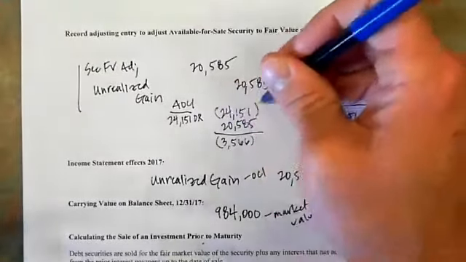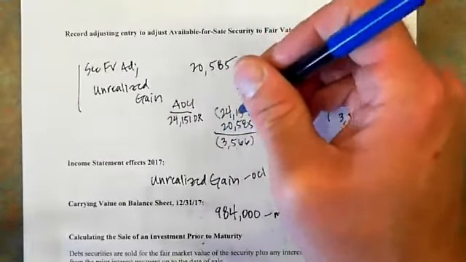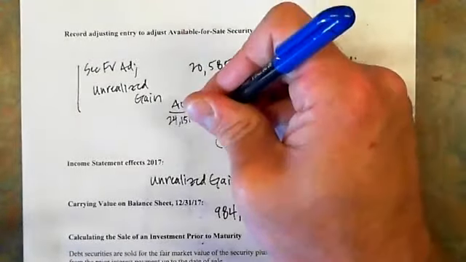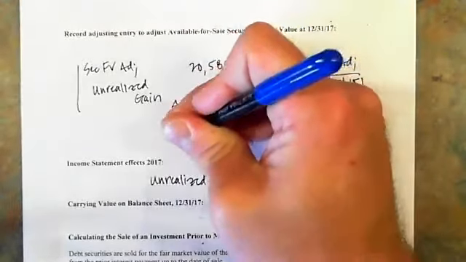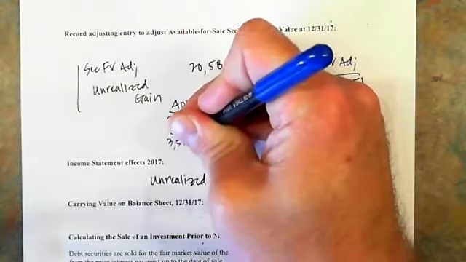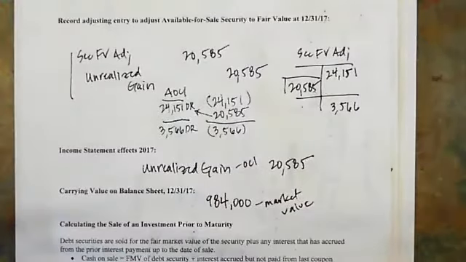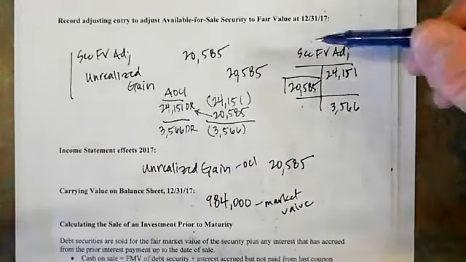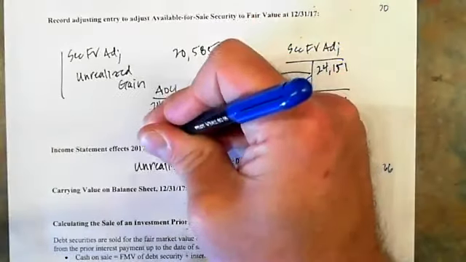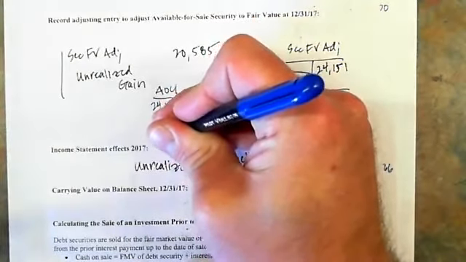We then closed a 20,585 gain to AOCI, and when that happened, it dropped down to a 3,566 debit balance in AOCI. So we need one more gain in order to completely wipe out AOCI.